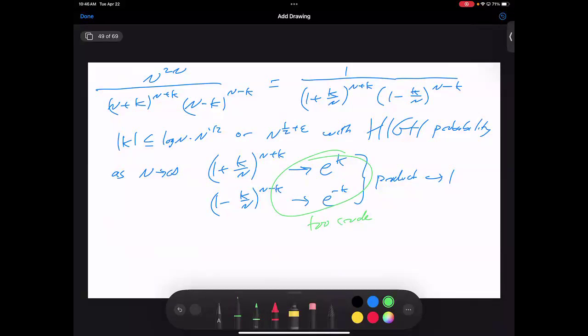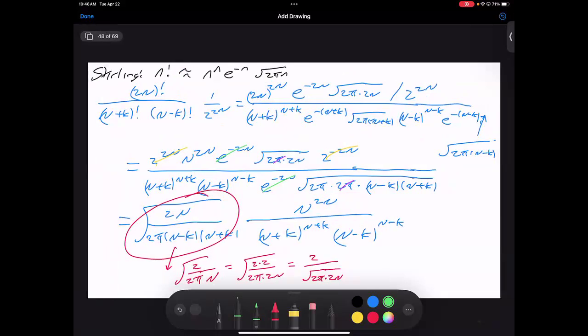But when I look at the extra plus k and minus k, those could have some secondary effects. So we have to be a little bit more careful in how we deal with this. So for some things, it's okay to say k is very small. And the reason we could do it before is if we go back a slide, when we looked at the denominator, we only had two terms in the product, an n minus k and an n plus k. So because the number of terms we had was bounded independent of n, it didn't really matter.